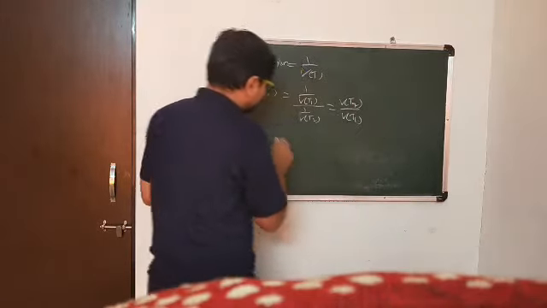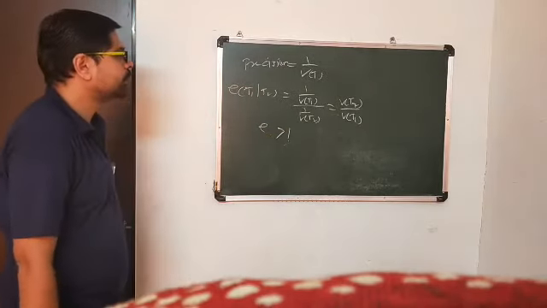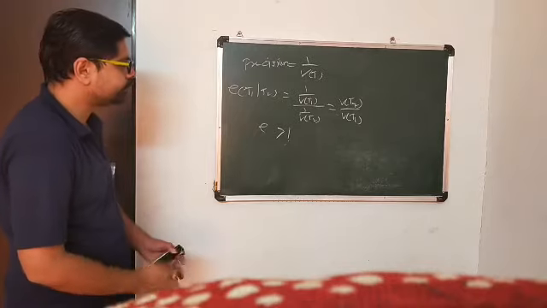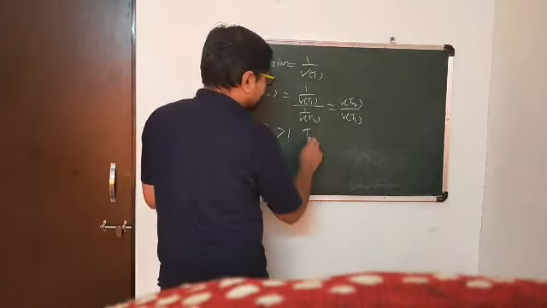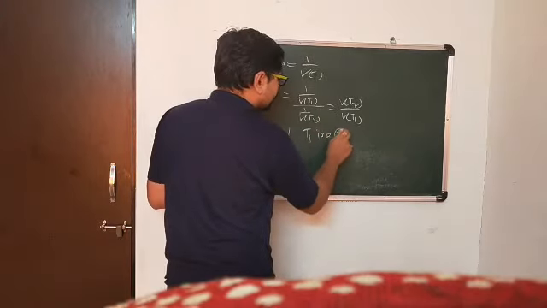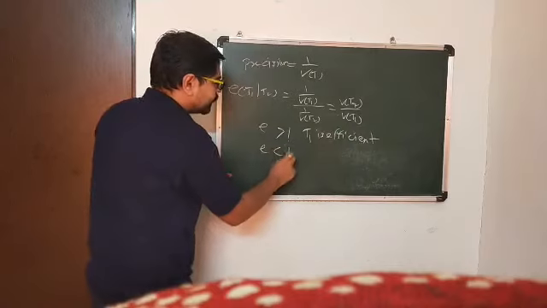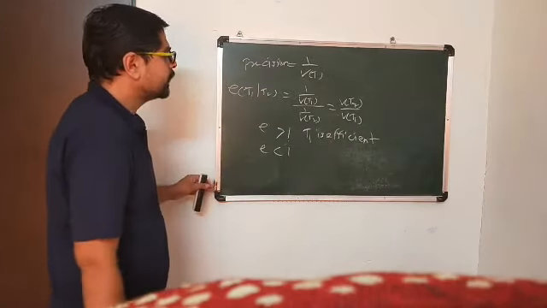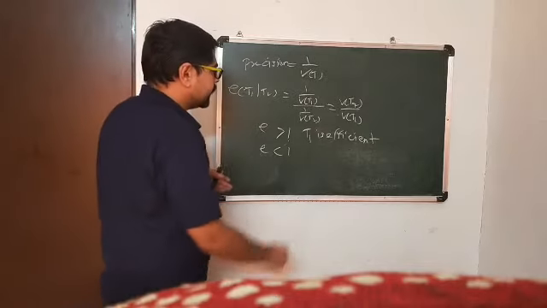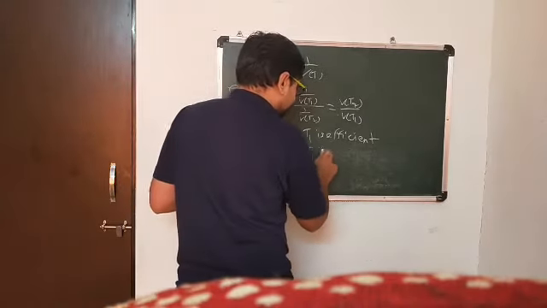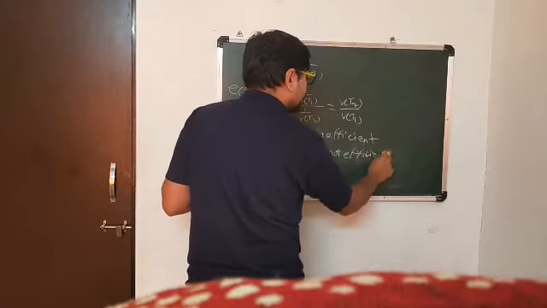If this ratio, the efficiency E, is greater than 1, then T1 is efficient. If E is less than 1, then T1 is not efficient as compared to T2.